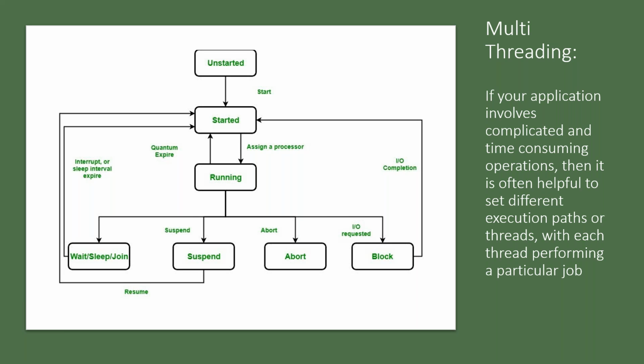For example, requesting a report from the server that contains a huge number of records will take more time to process, so we have to keep the system idle until we get the response from the server. Instead of waiting, we can create one more thread and do other work in parallel. That is the parallel execution process, which is multi-threading.